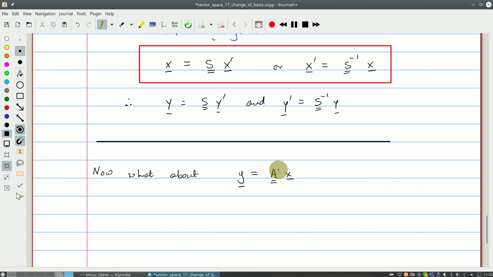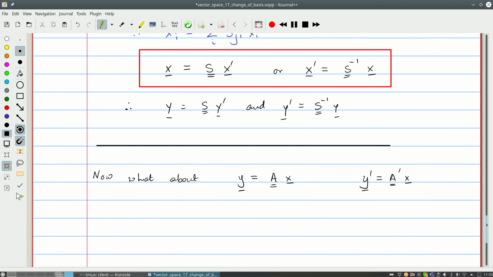And what we want to know is how this is related to when you change your basis and you write this in terms of the prime basis, where everything gets primed. Then how is A related to A prime? All right, that's easy enough. Let's start from either one of these equations and use these relations here to see if we can come up with a relationship between A and A prime.